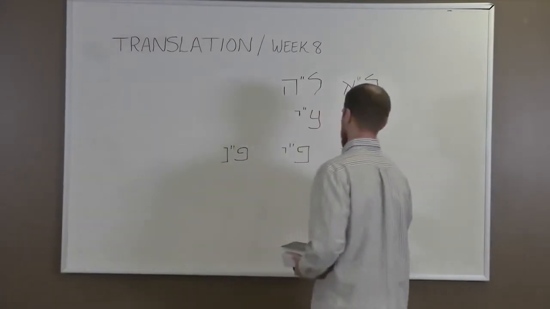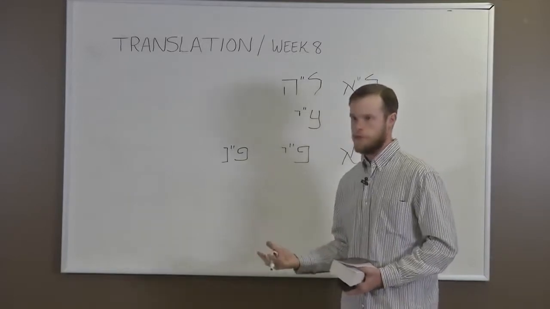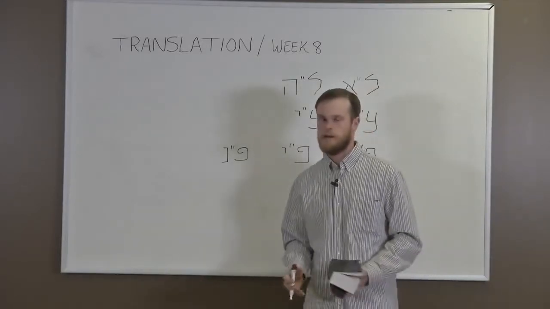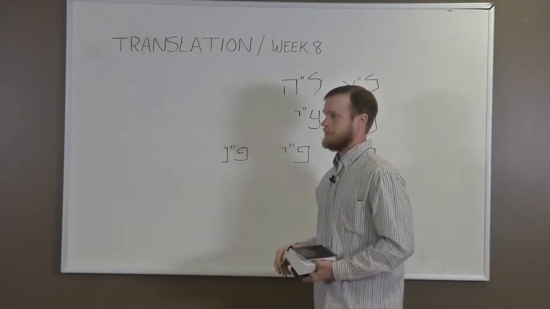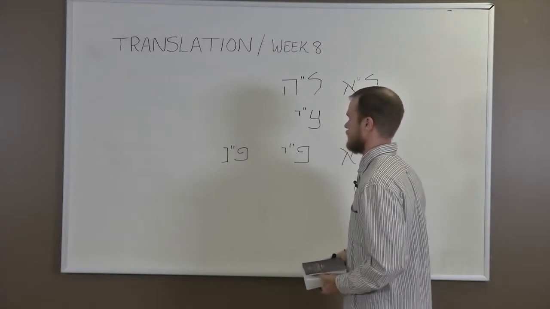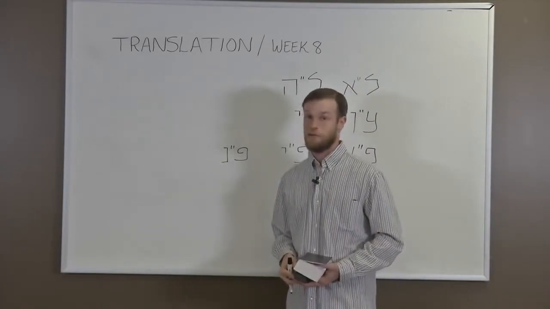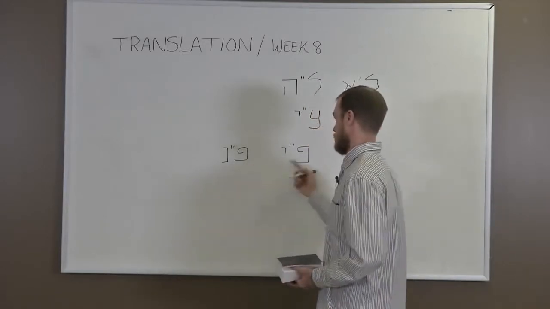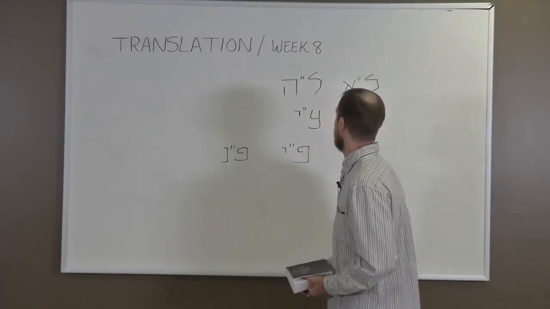If the first radical is an aleph, a yod, or a nun, then the conjugation of that verb will be a little bit different from the normal shlamim conjugation. A lot of times it will involve these letters disappearing in the later conjugations. So that's how you can have these words that look really funny, and it can be kind of frustrating trying to find the root of the word when the very first letter of the root is totally gone in whatever verb you happen to be looking at.